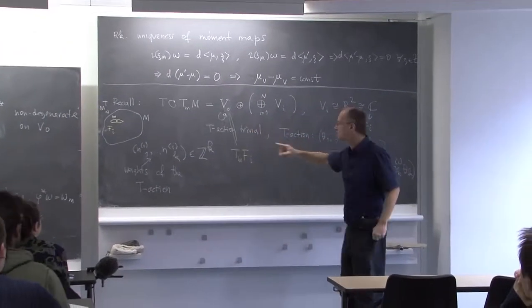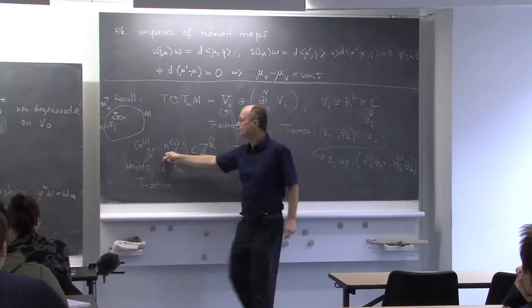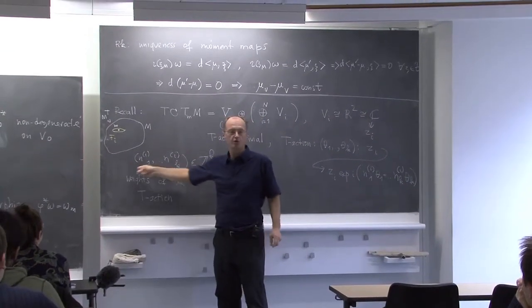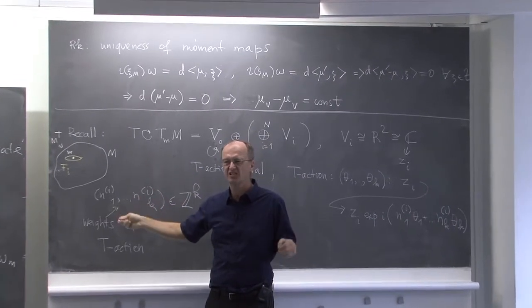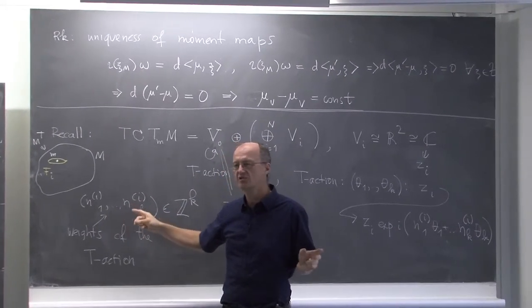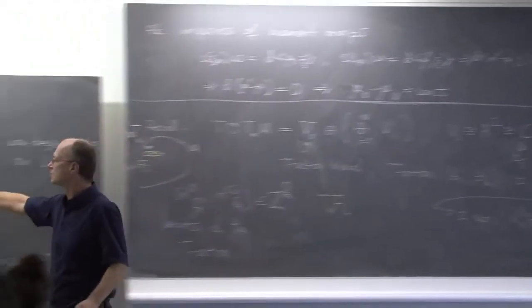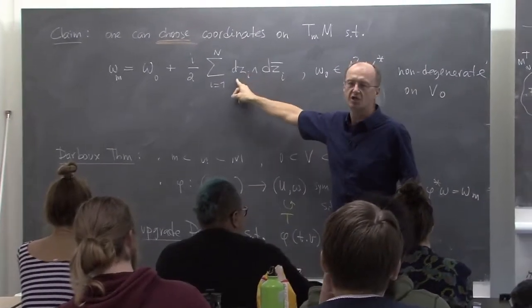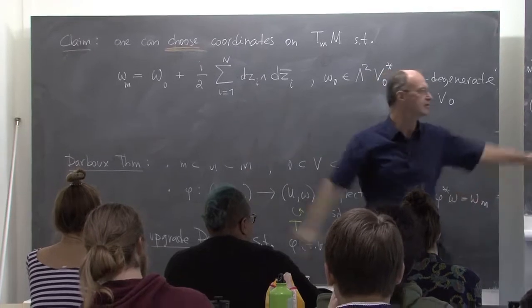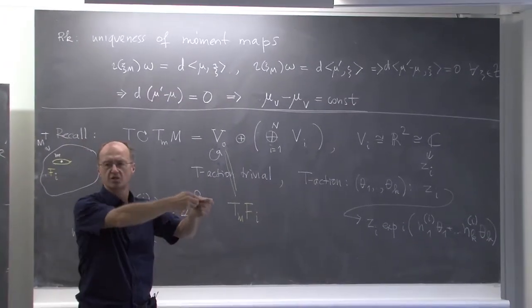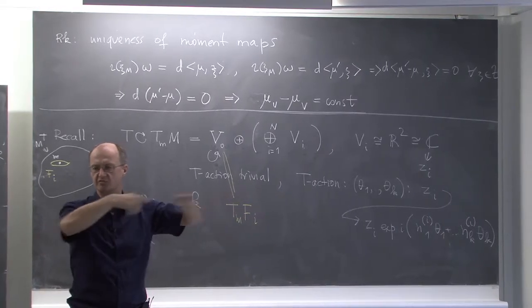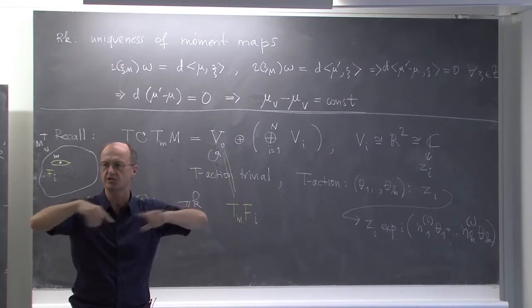It's relatively easy to see. Let's assume to start with that all the weights are distinct. Then it's relatively easy to see that you won't be able to mix, up to, let's say, the weight and minus weight, which we should consider as being in a pair.